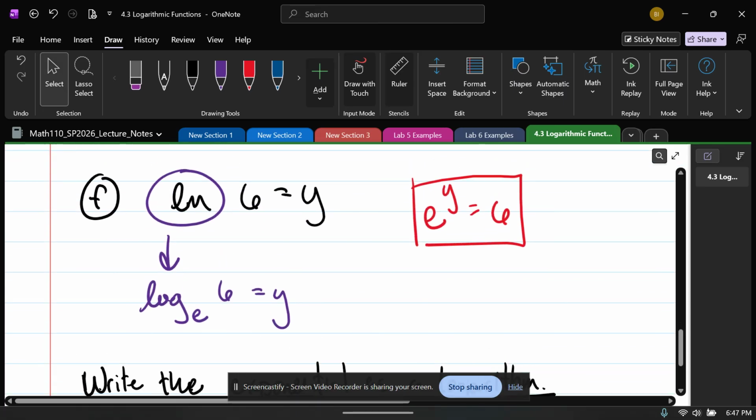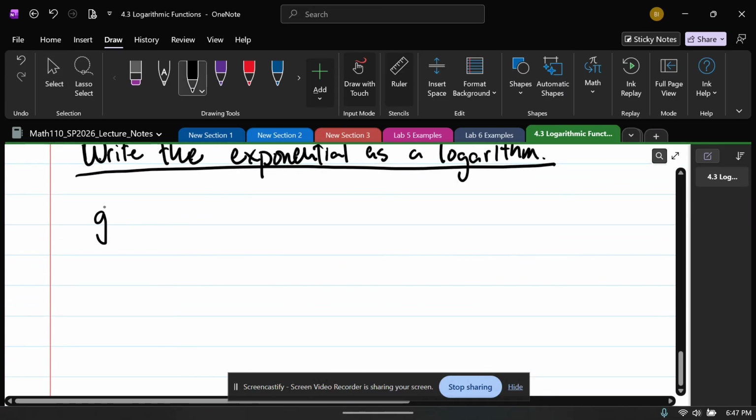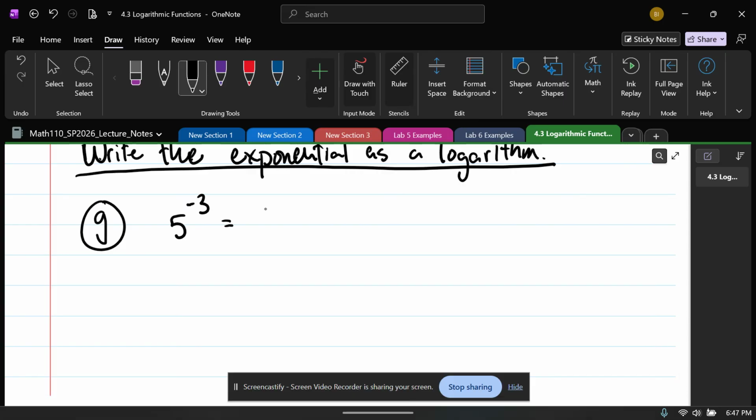Letter G. So here we have 5 to the negative 3 equals 1 over 125. So on this one, what's the base of our exponential? 5. So that becomes the base of the log.